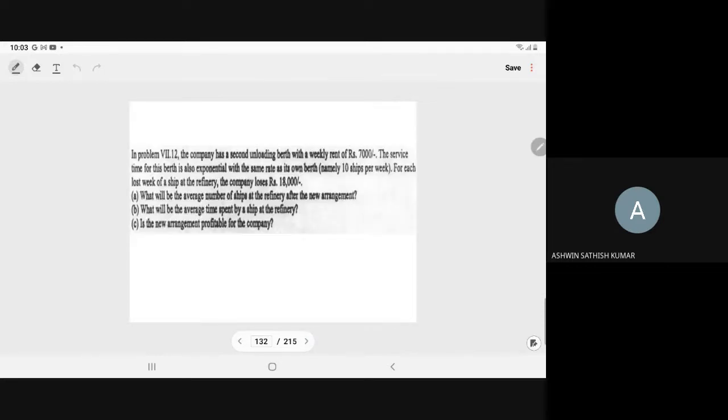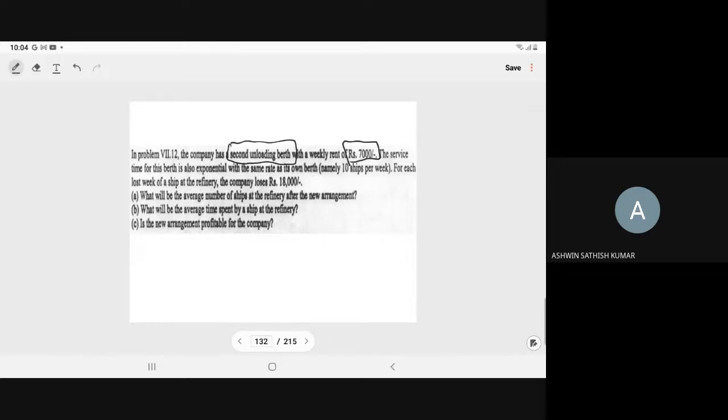In continuation of that, the company has a second unloading berth with a weekly rent of 7,000. Means if you are using the second berth for unloading, the company has to pay 7,000 per week.